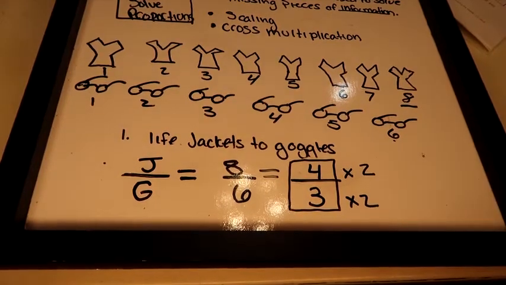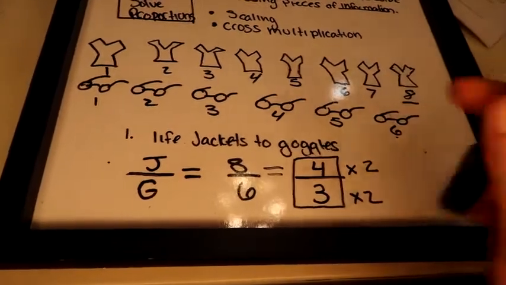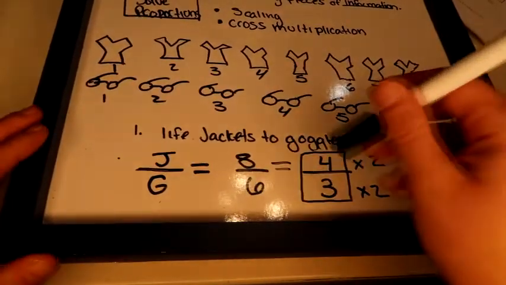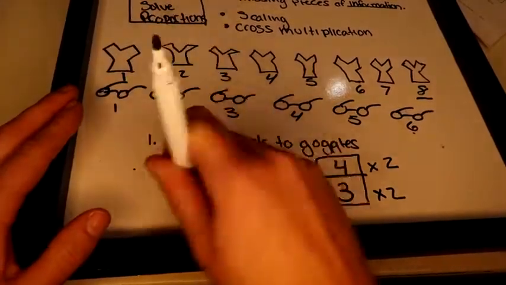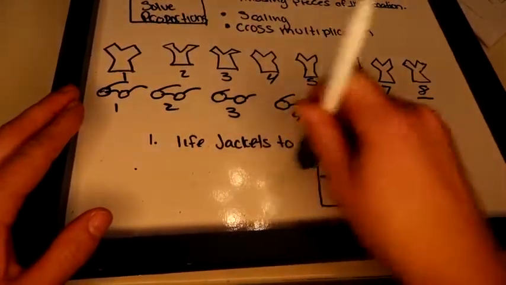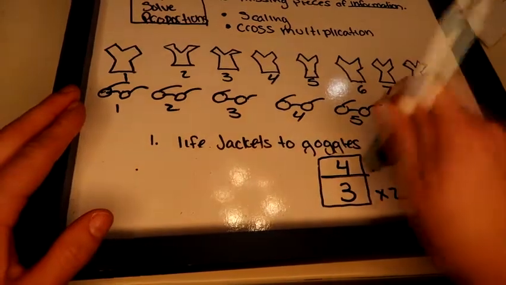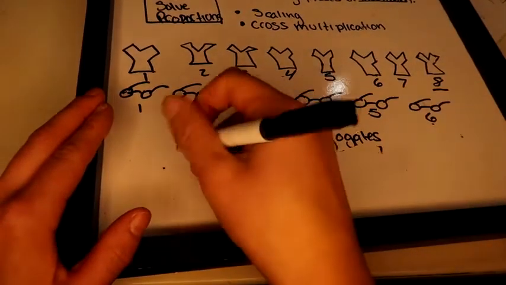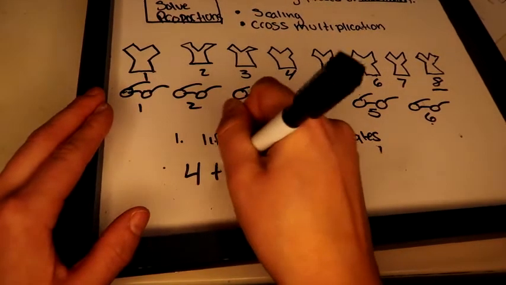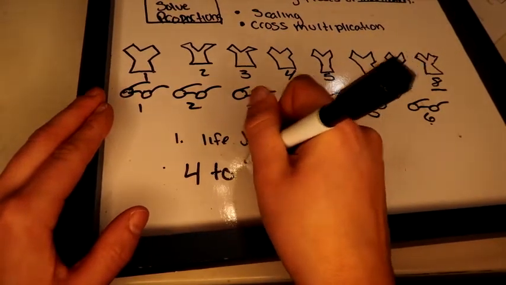So how do we write this on our paper? So in the little box that you guys have, I'm going to go ahead and erase this. So in the box, just going to erase this. You can write 4:3.